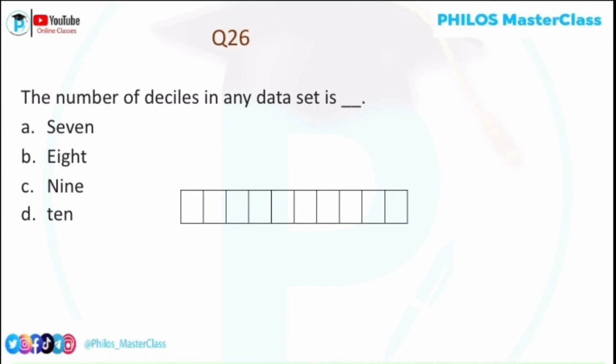So this is 1, 2, 3, 4, 5, 6, 7, 8, 9. I started counting from here. You see that? So 1, 2, 3, 4, 5, 6, 7, 8, 9. So the answer will be 9. The number of deciles in any data set is 9. Okay, let's proceed.